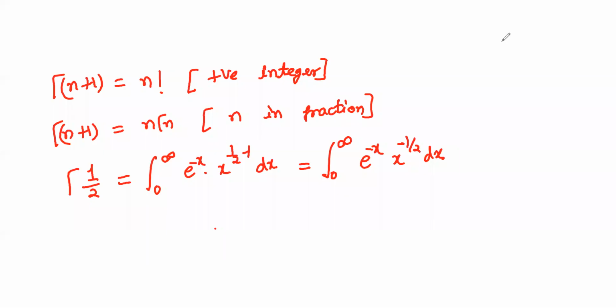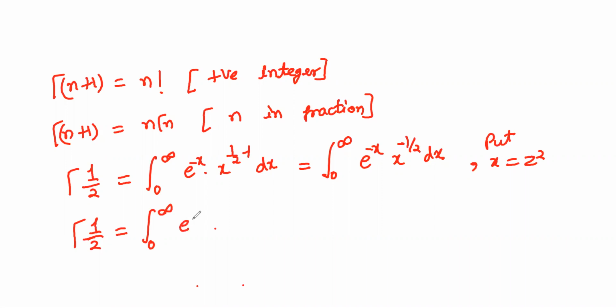So for gamma 1 by 2, if I go for simplifying, first I put x equal to z square. I am just giving the idea of how to evaluate it; it is not required to calculate it here. Putting x equal to z square, the integration limits stay the same.